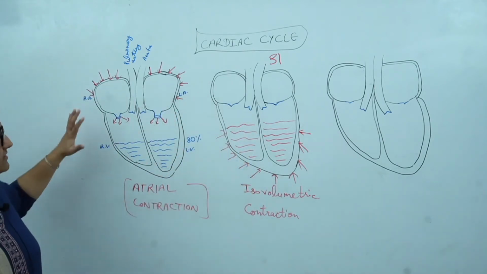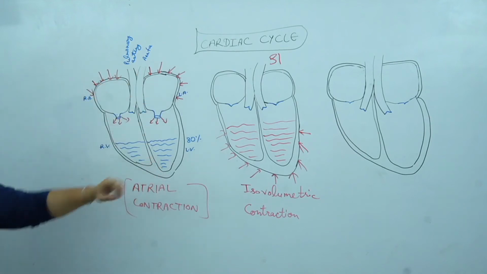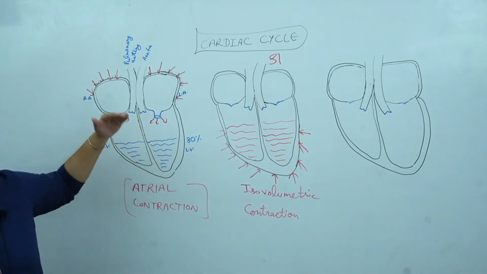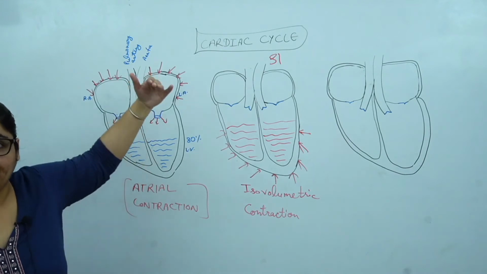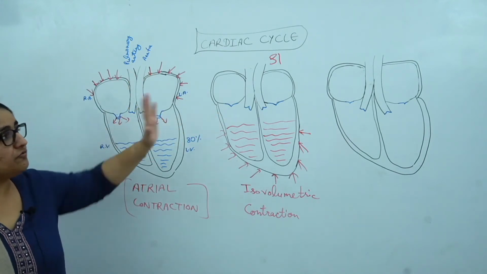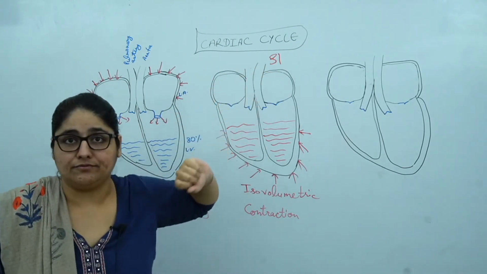So, in the first stage, atria will contract and the blood will be filled in the ventricles. Then when the pressure rises, the blood will try to flow back. Then the mitral and tricuspid valves will close. By the closure of the mitral and tricuspid valves, the S1 heart sound will be produced.